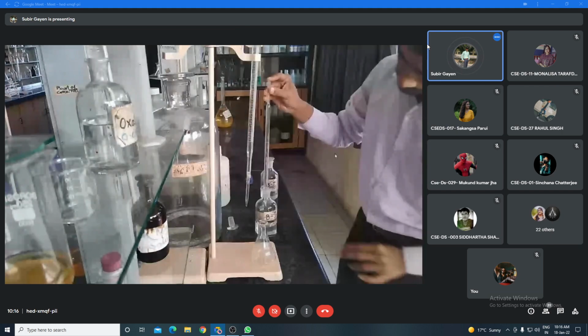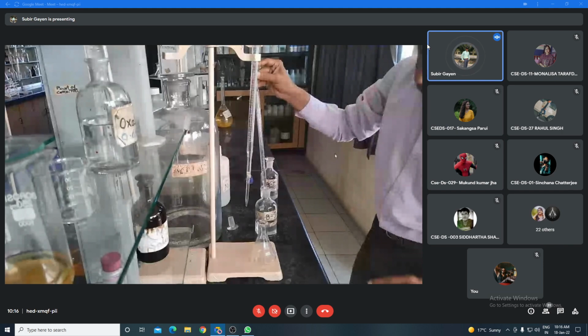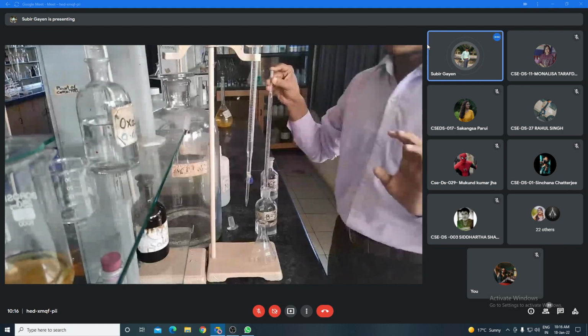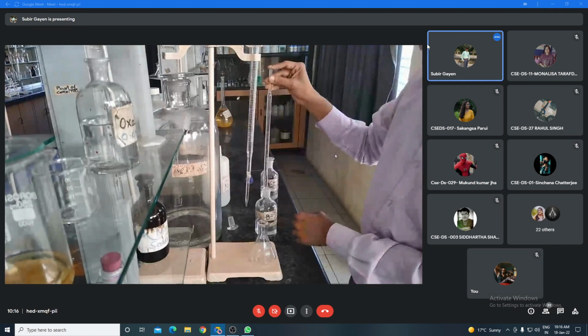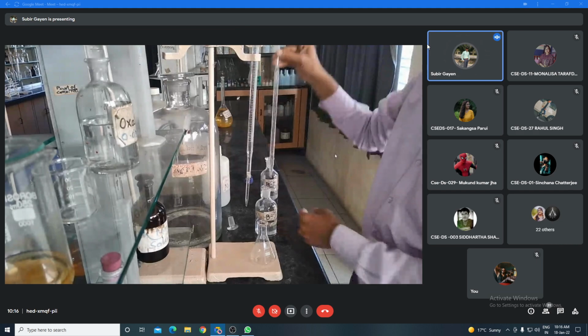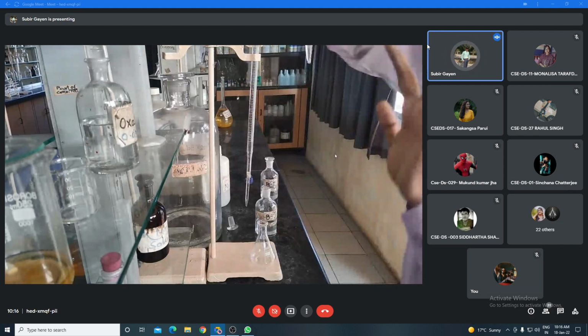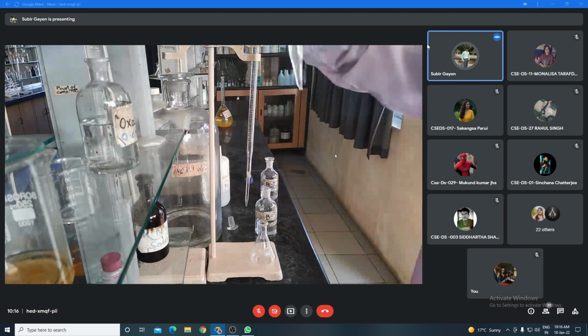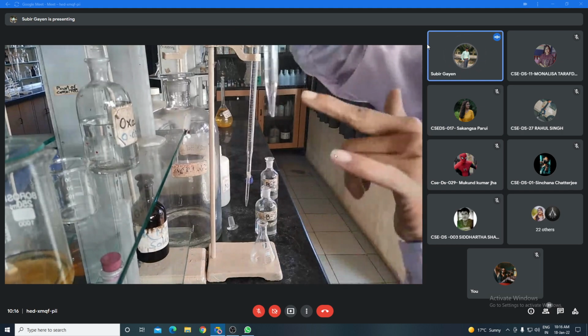And one thing you must remember: when you take the organic layer, you must check whether there is any aqueous layer or not. I think there is only one layer. You can see there also.